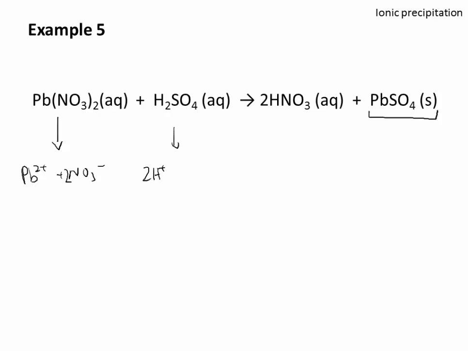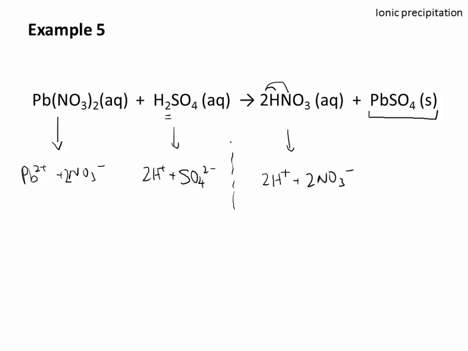Remember, don't write H2+, it's 2H+, because the 2 means 2 hydrogen ions and a sulfate ion, and this is 2 hydrogen ions and 2 nitrate ions, because the 2 is for both hydrogen and nitrate. So compare both sides of the equation.